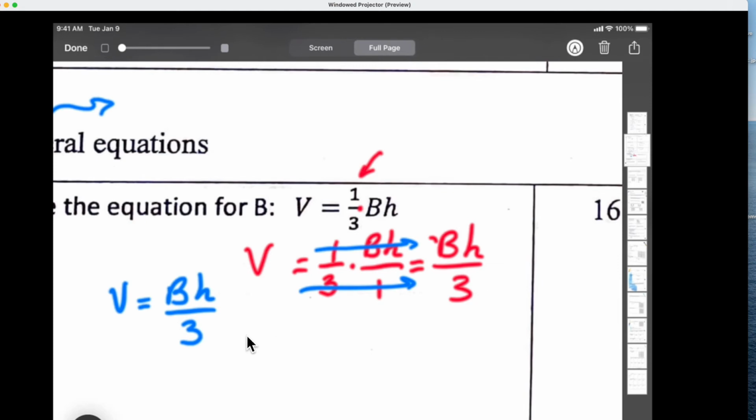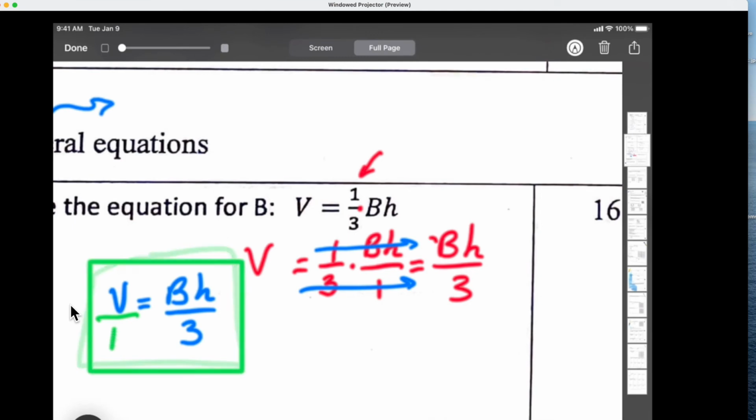Now you may say to yourself, well, how did that help? We still have neighbors bunched in. Okay, here's my next move. I'm going to change v to v over 1. Now we have two fractions facing each other with an equal sign in between.